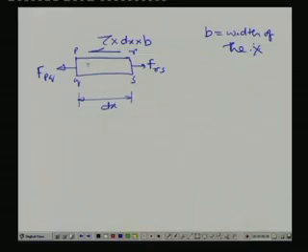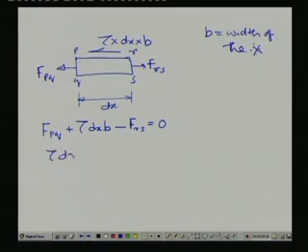So, we can very well write the force balance. The force balance gives us one important thing, that F PQ plus tau dx into B minus F RS equals 0. So, we can find that tau dx B will come out to be F RS minus F PQ.